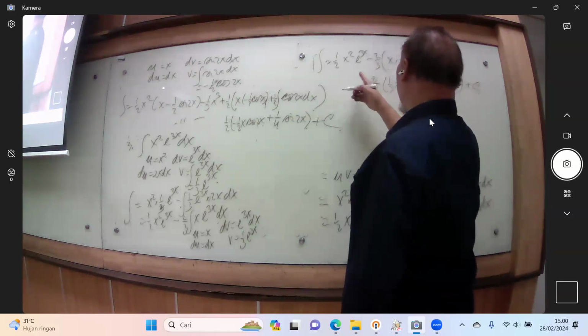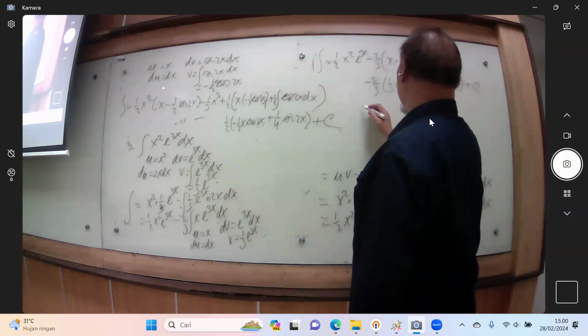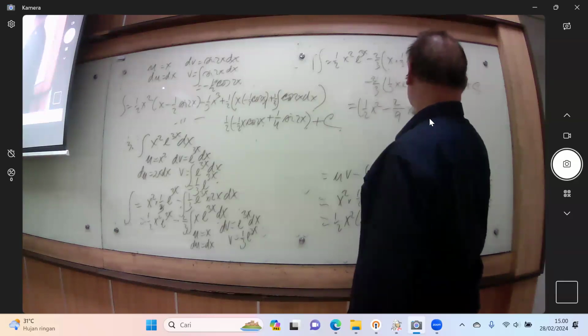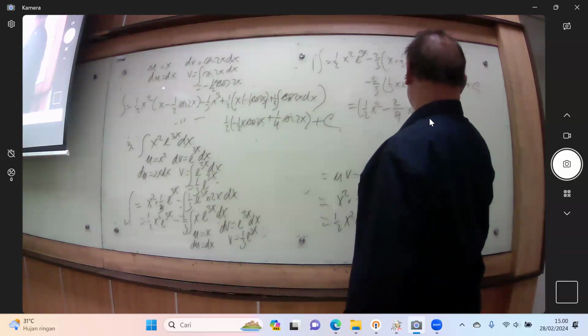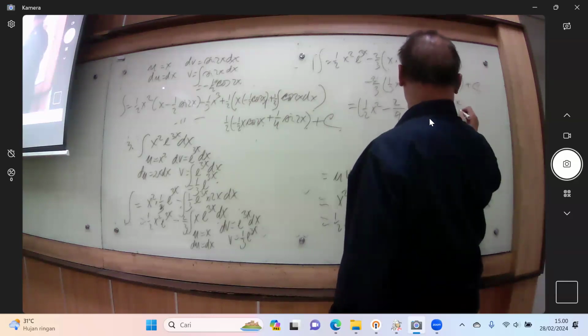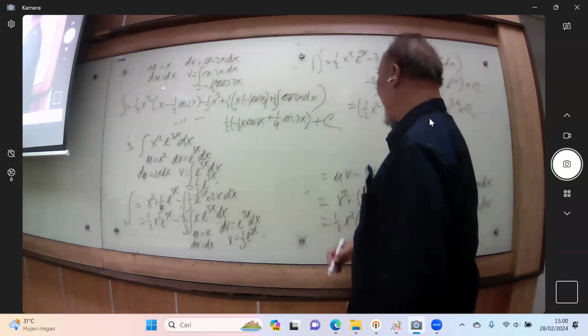But you can collect all those to become 1/3 x squared e power of 3x minus 2 divided by 9 x, and then plus 2 divided by 27 e power of 3x, if you want to write this one.